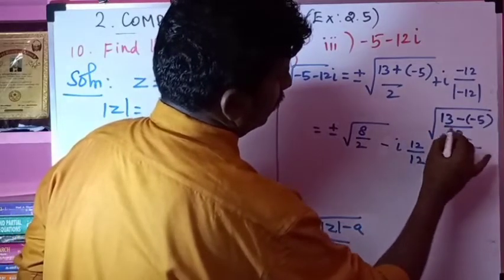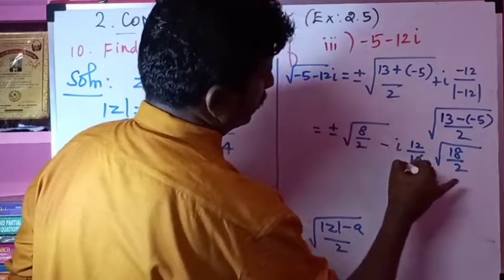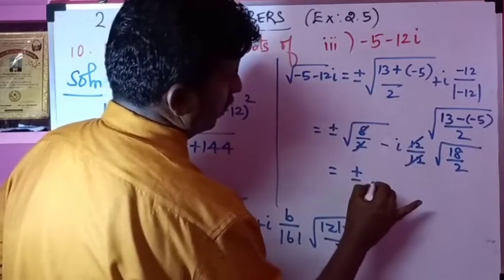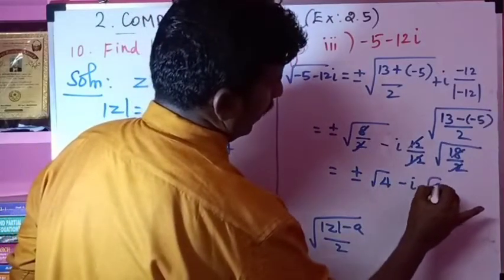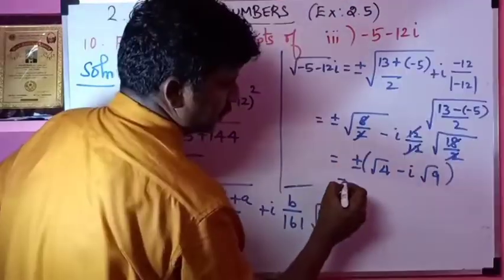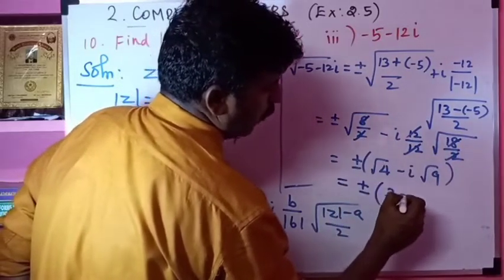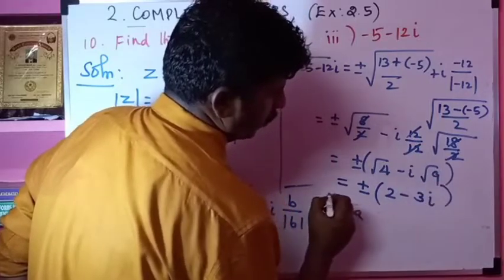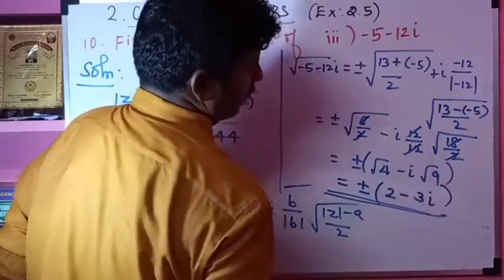This is 13, minus into minus plus 5, this is 18 by 2, which cancel. Plus or minus, if we cancel this, root 4 minus i into this is root 9, right? So which is equal to plus or minus root of 4 is equal to 2 minus root 9, 3 into this i. So which is the answer? The plus or minus 2 minus 3i, right?